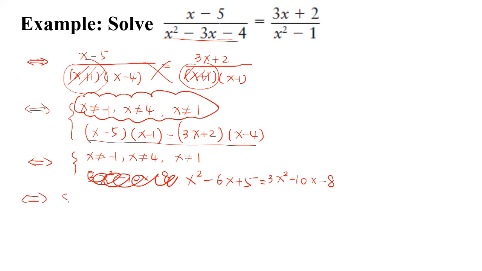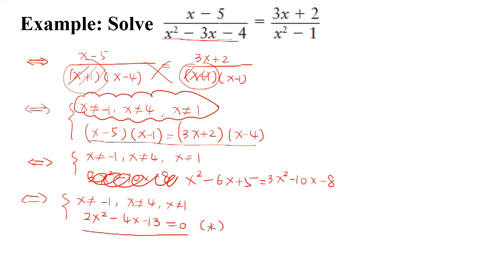And this is equivalent to x cannot be these values. And then we can simplify the second part to 2x squared minus 4x minus 13 equals 0. So let's call this asterisk.